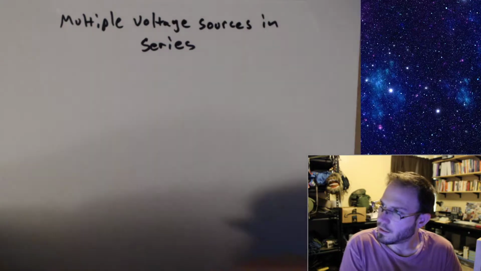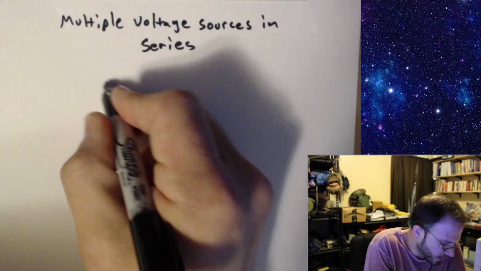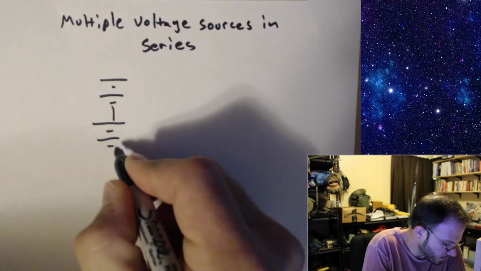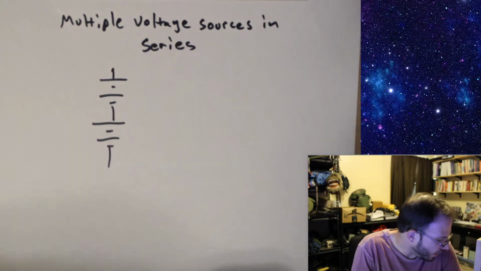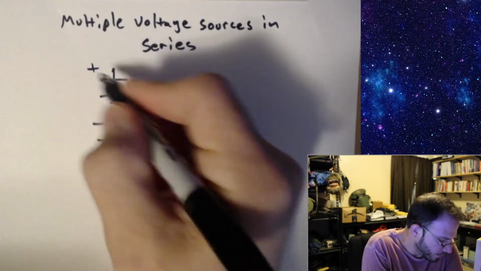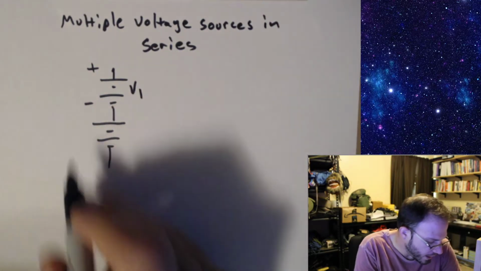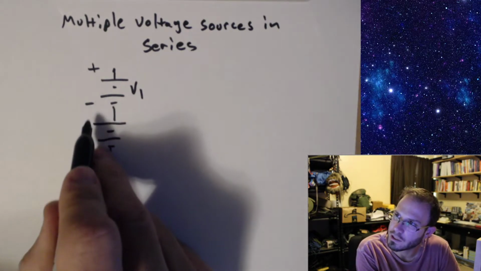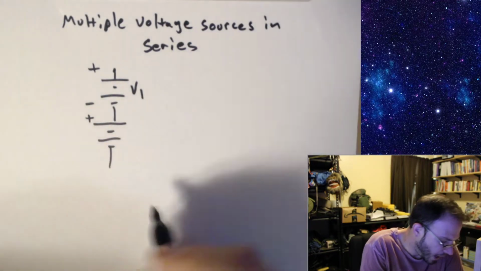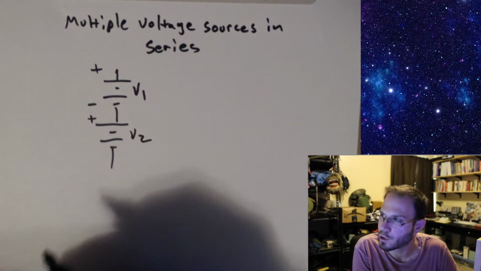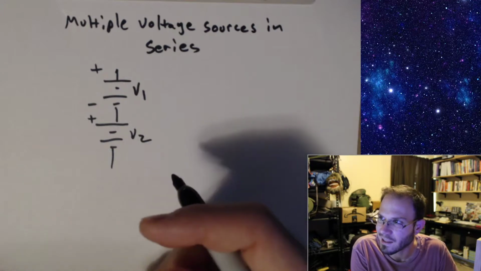There's no reason I can't do something like this, where I connect the minus sign of one voltage source, we can call it V1, to the positive of another voltage source. In fact, this is what happens. If you look at a remote control and you see 2 batteries, this is exactly what they're doing.